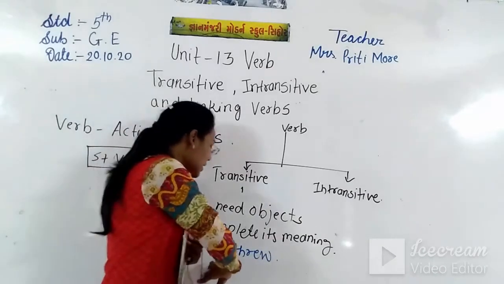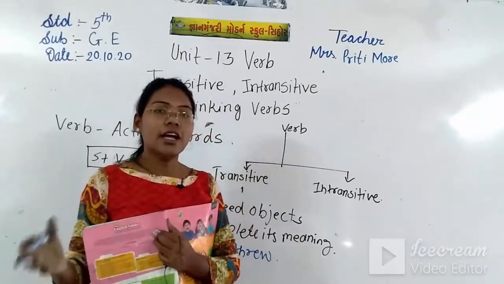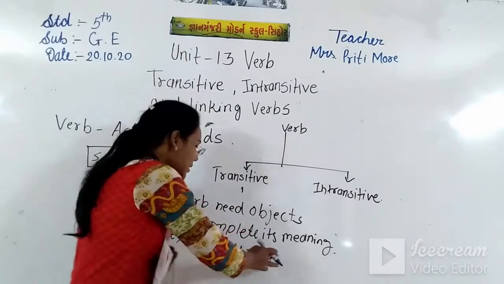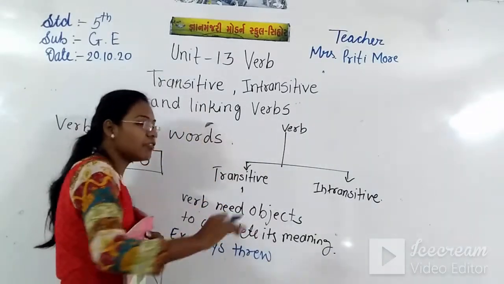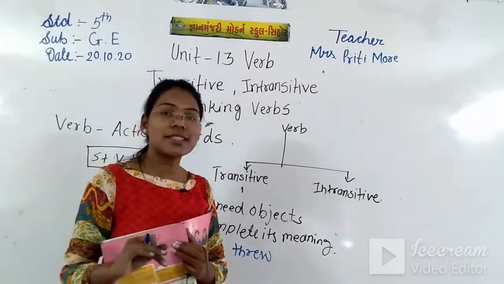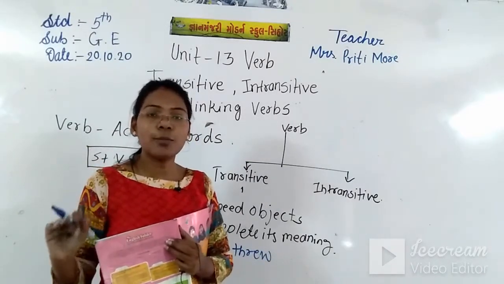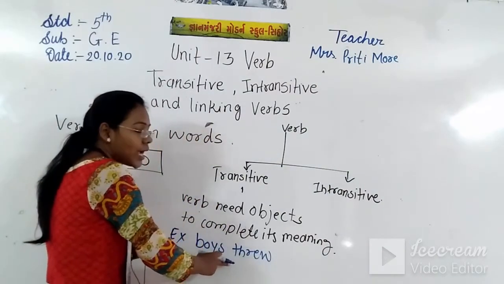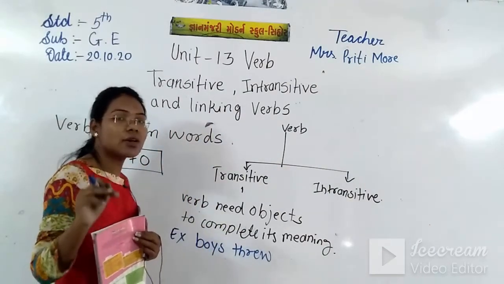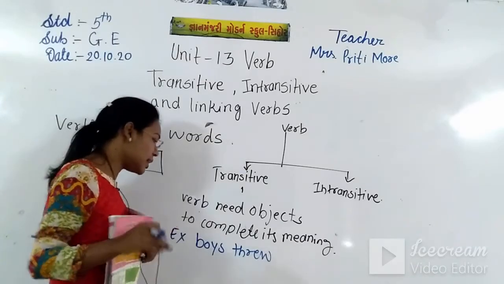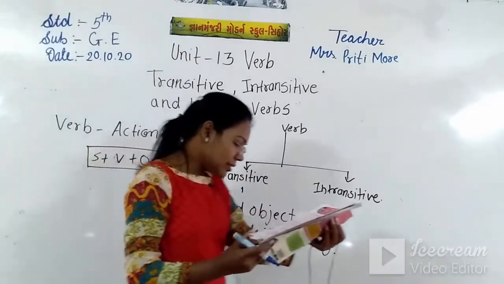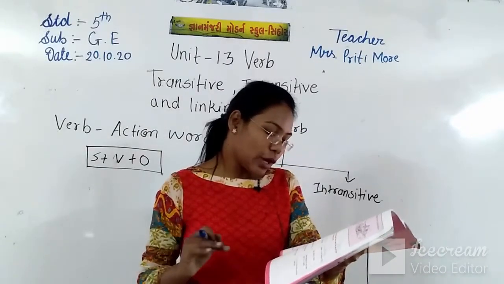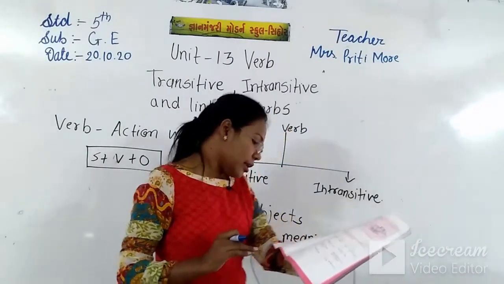If you read this, 'threw' means फेंकना, लड़कों ने फेंका, but क्या फेंका, what? The object is not written there, and if we are not writing the object, the sentence seems incomplete. So this is a transitive verb, and this transitive verb needs an object to complete its meaning.